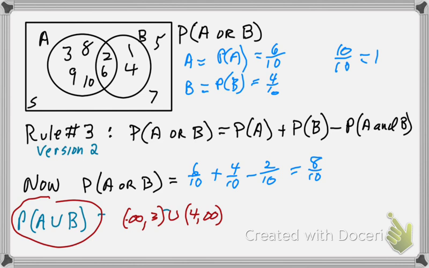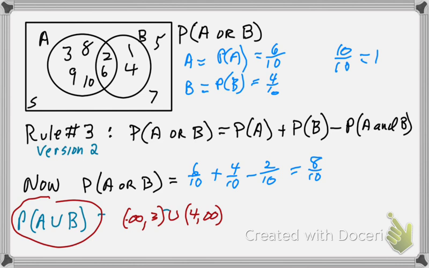If you didn't have pre-cal, don't worry about it. But that union symbol also means OR. And if you think about the interval, it means either from negative infinity to 3 or from 4 to positive infinity. Those two things are disjoint. They can't occur at the same time.